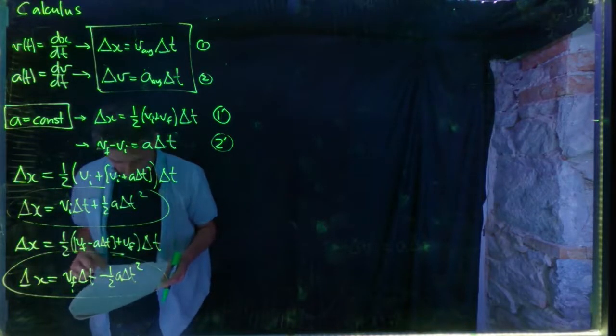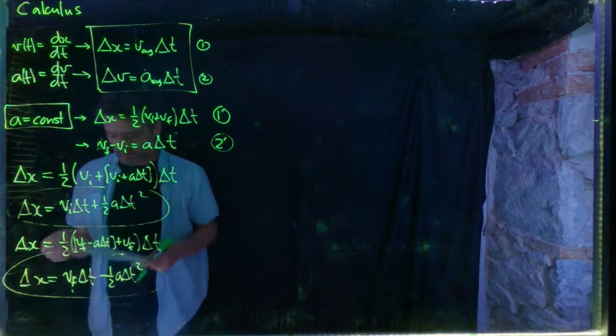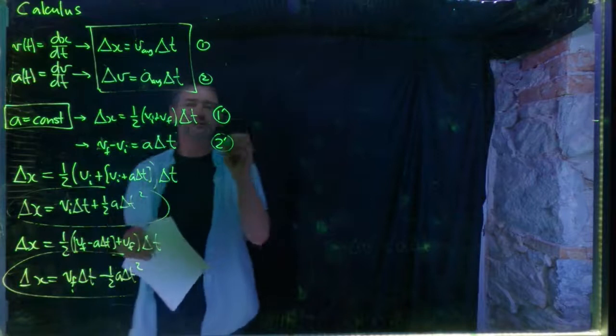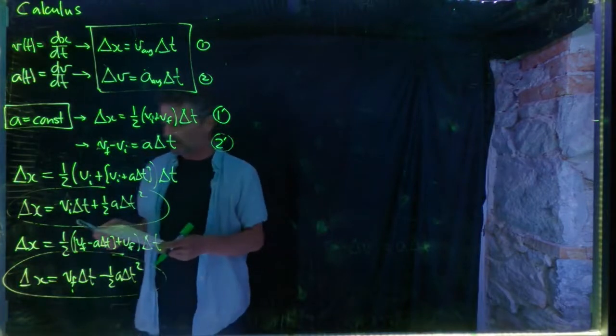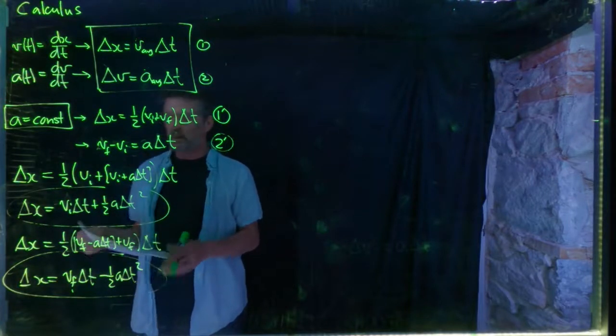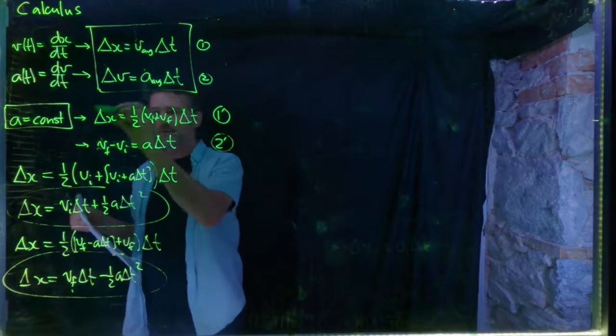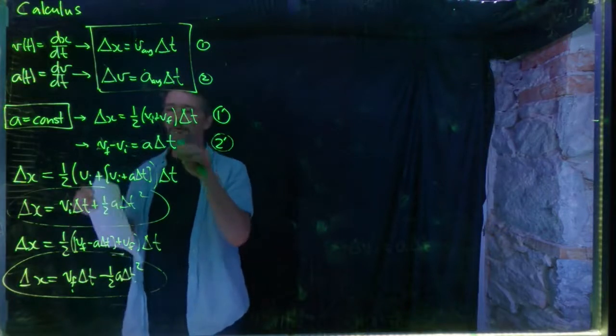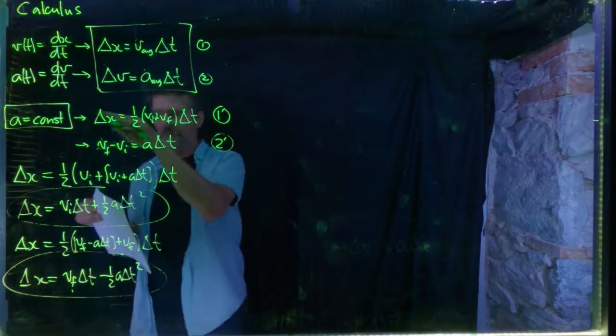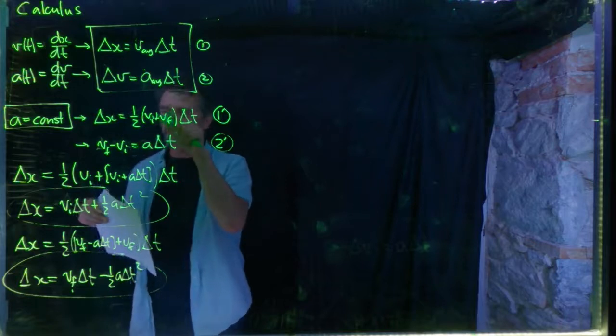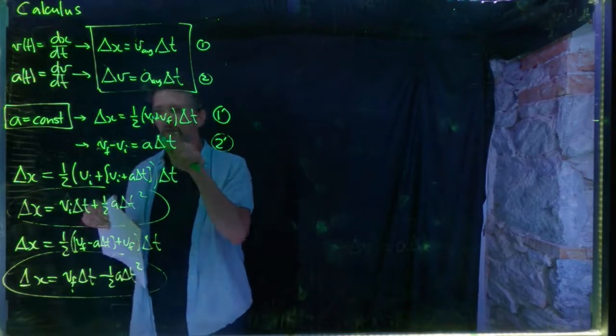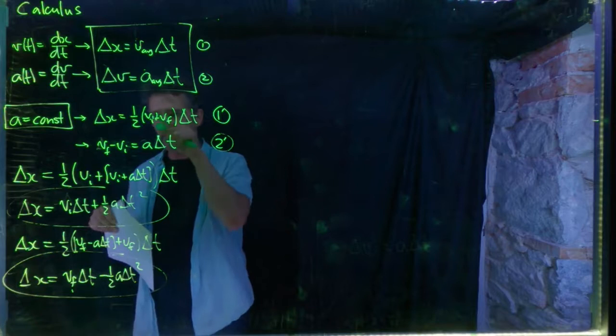Or another kinematical formula that you often see comes by multiplying these two equations together. Okay, so we're taking these two equations, and we're going to multiply the left-hand sides and the right-hand sides: if this equals this, and that equals that, then that times that equals that times that.